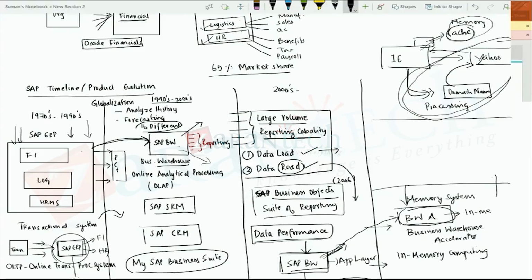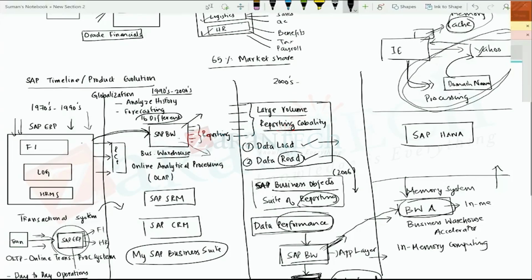One of the key things that drove SAP to this new product, SAP HANA, is challenges with reporting and data performance. That was one of the primary reasons why SAP started moving to SAP HANA as a platform. The idea of giving this timeline and product evolution is that when you go into a real-world project, if you have not been in SAP technology before, you need to understand what happened in the past.